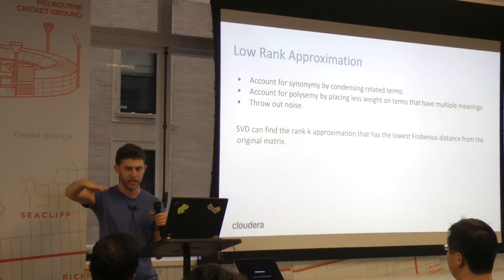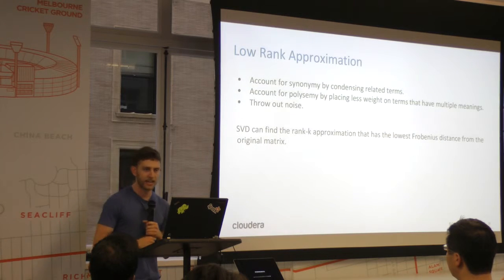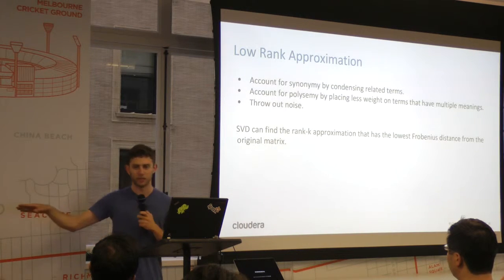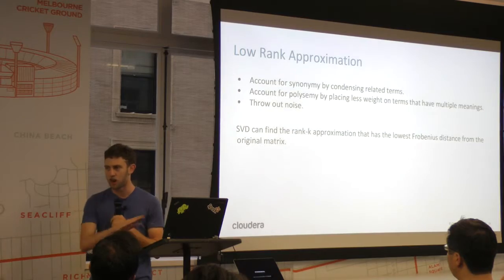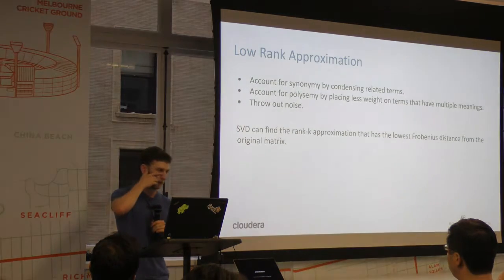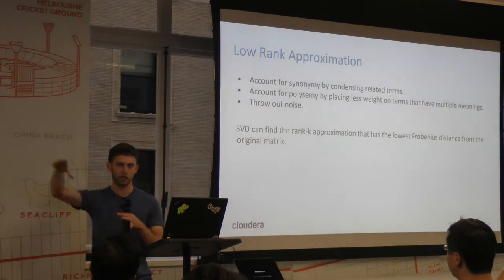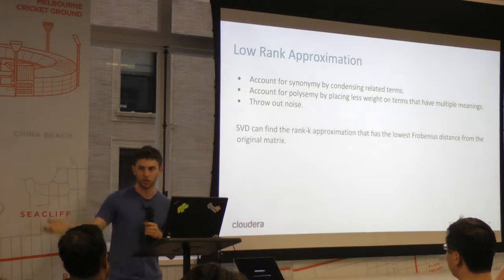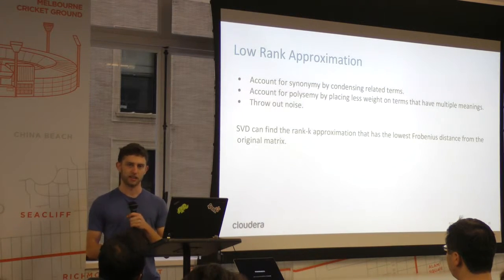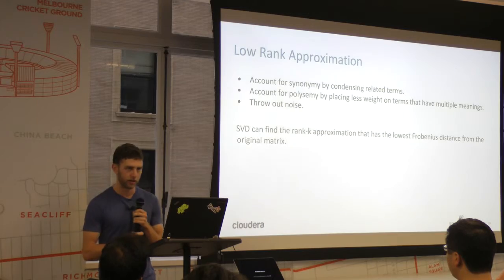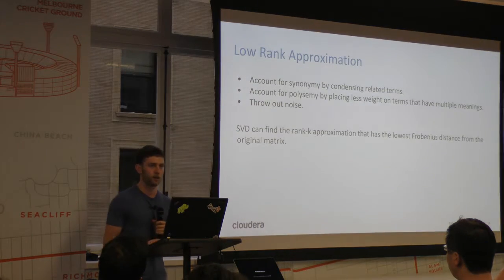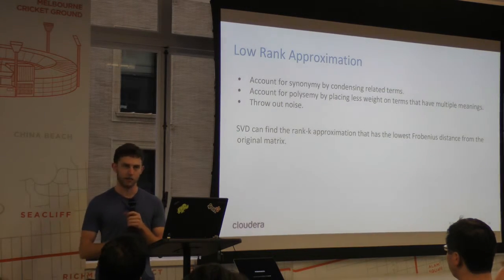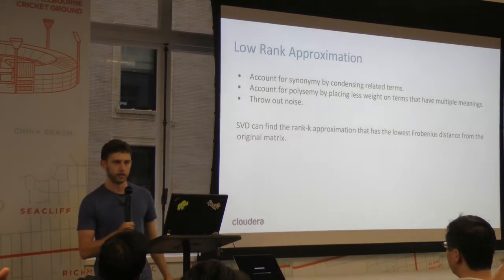It doesn't look at the context around particular words, but it can say, let's weight mean a little bit less compared to other words, because we know that it shows up in these two different broad contexts, and allow other words to dictate which documents are similar to each other. And then last of all, we hope it can throw out the random noise that tends to accrue in real world data.